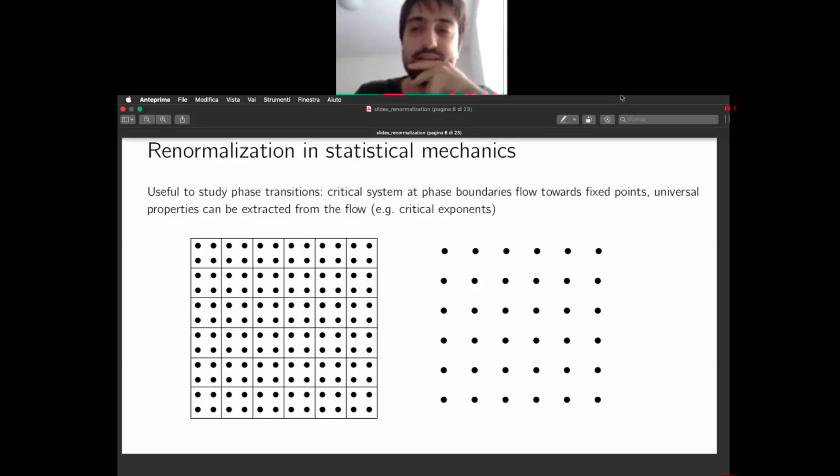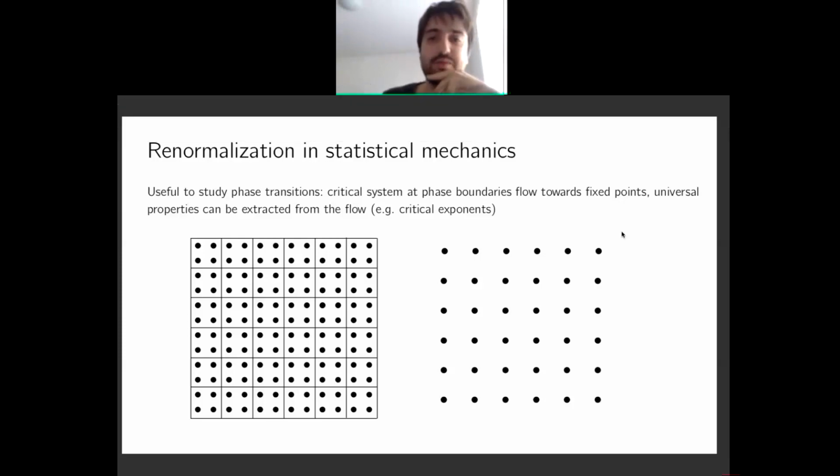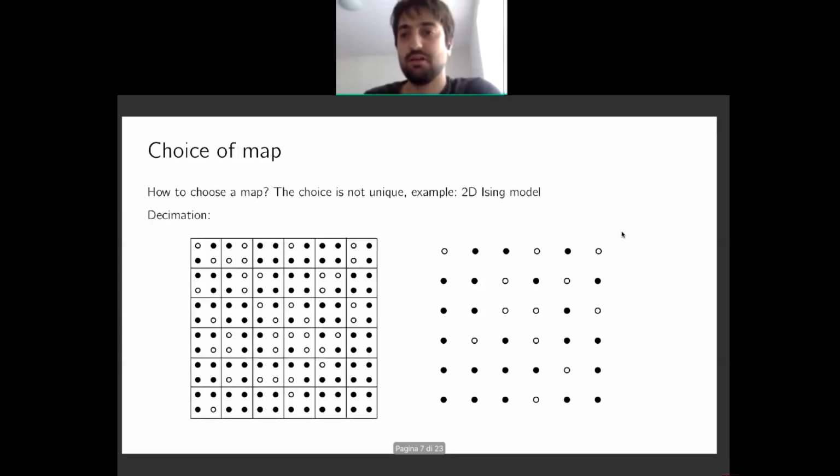But in defining this map, I've been kind of vague. You take your block and you map it to a single spin. There are several ways one could imagine doing this, and in fact, not all possible maps that you could choose are equivalent. For example, if one thinks of the prototypical example, the 2D Ising model, or any other two-level system, one might imagine doing something called decimation.